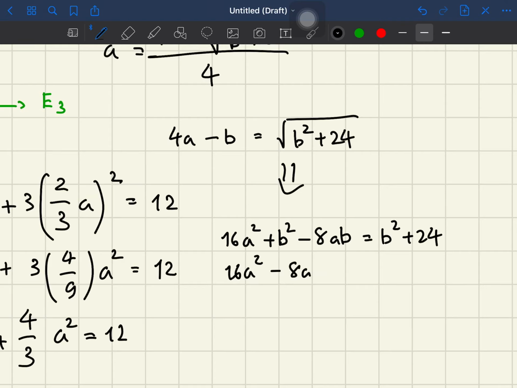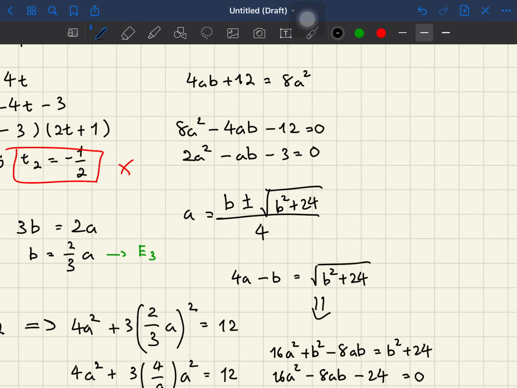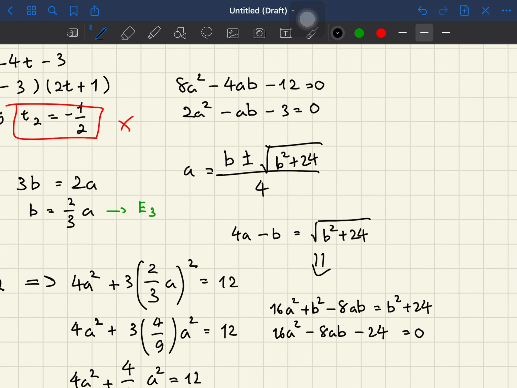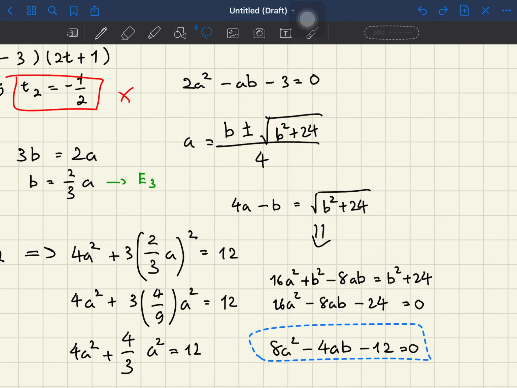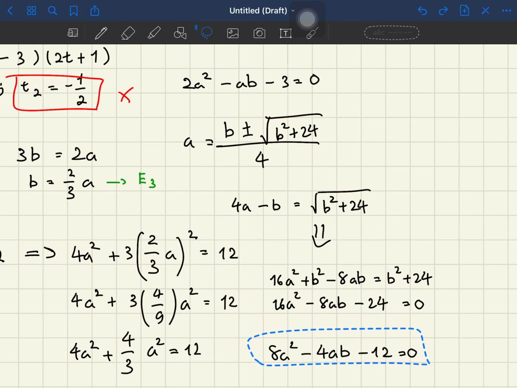My apologies, I don't know what happened. As you can see, you will be able to solve for A by using this quadratic equation again. Okay, I just have to move this one here. As you can see, just a similar thing.